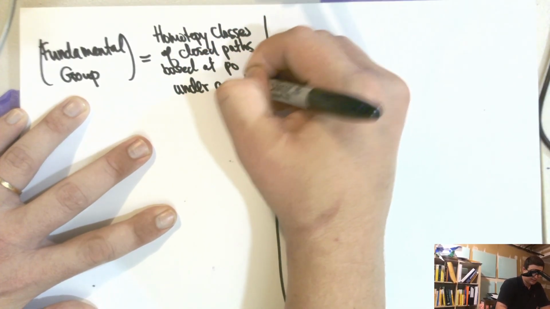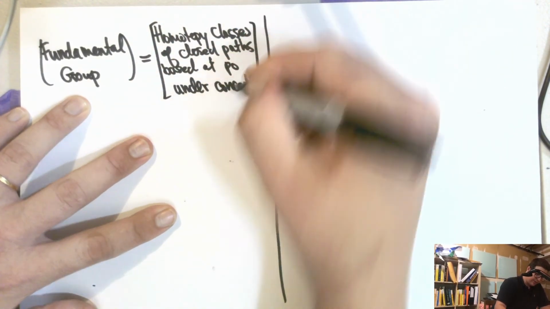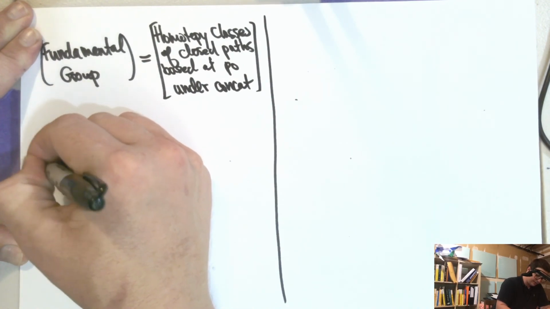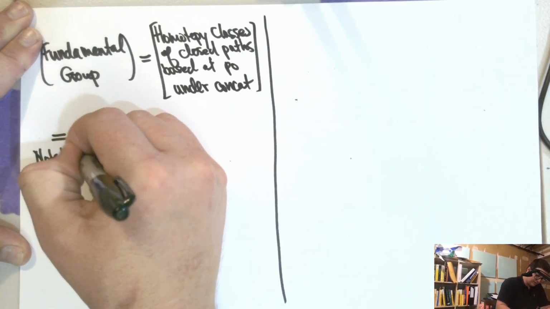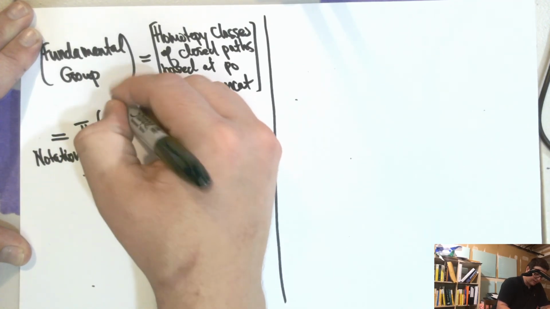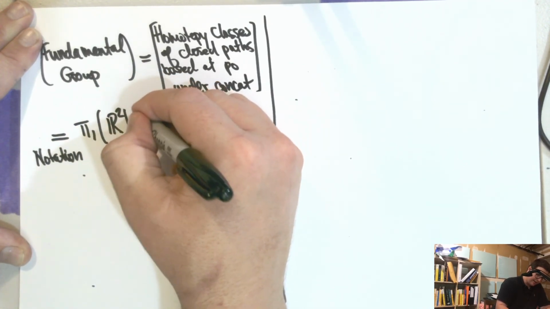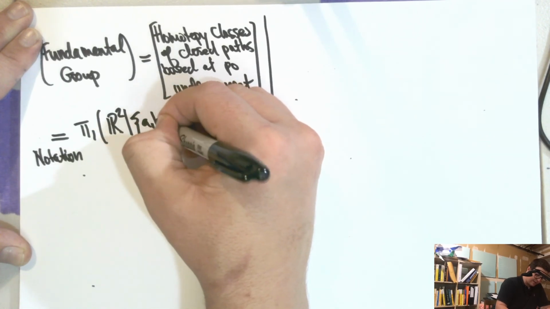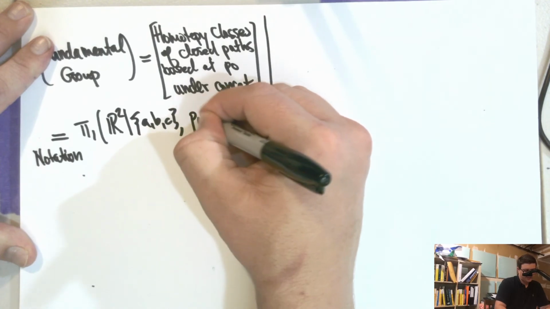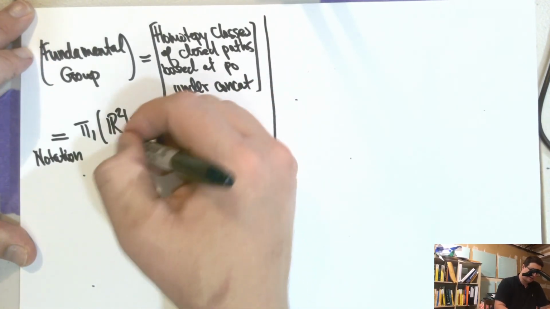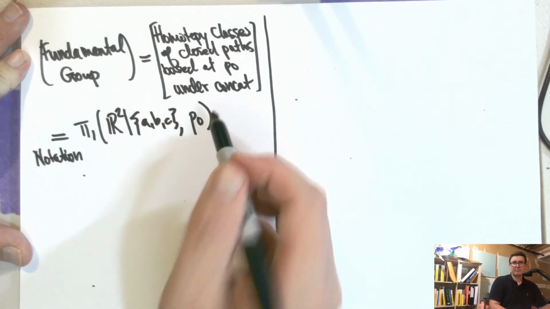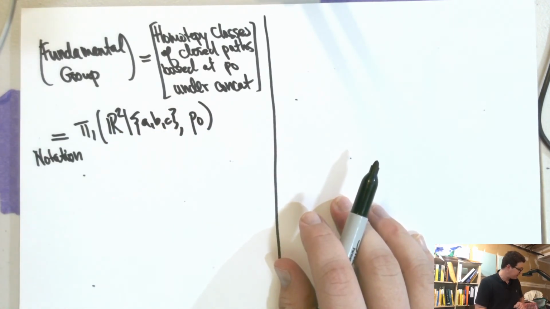So this is a group. In our particular case, this is the notation: this is pi 1. We take the space we're looking at, remove 3 points, A, B, and C, and look at it based at the point P naught. So this is the fundamental group of R2 minus 3 points based at P naught. And that's the definition of the group.